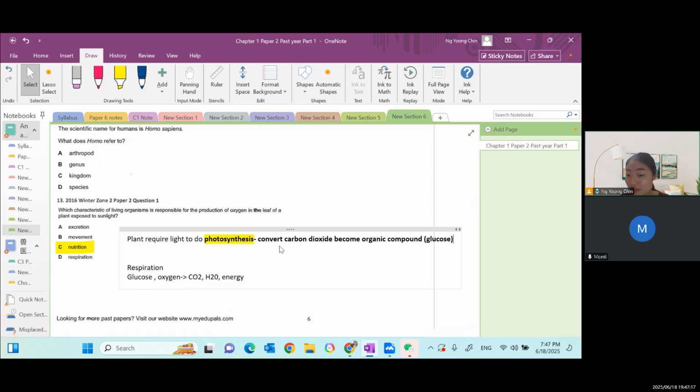You use flour to make the cake, right? The flour is the carbon dioxide. At the end, the cake is the organic compound, which is glucose. So photosynthesis requires light, but respiration does not require light. They only require oxygen and glucose.